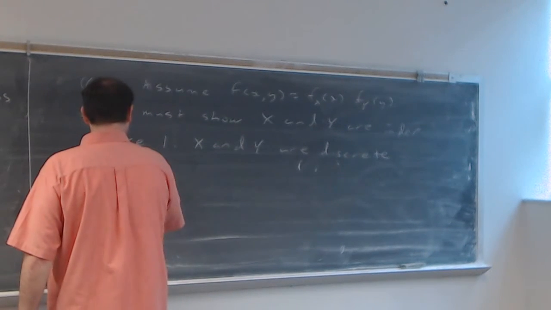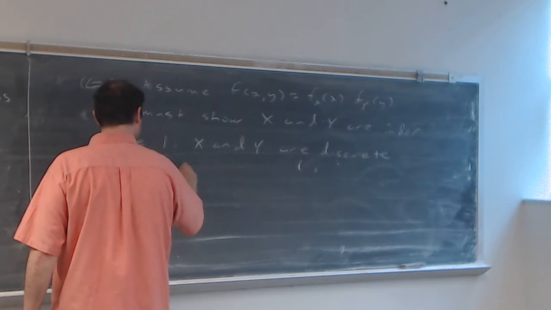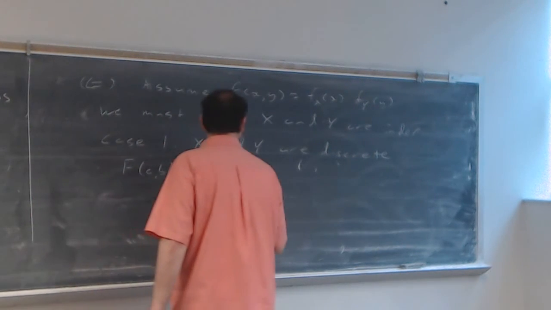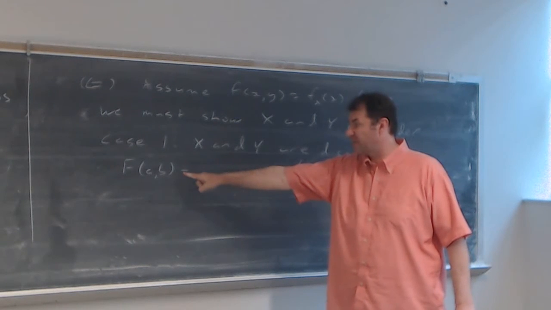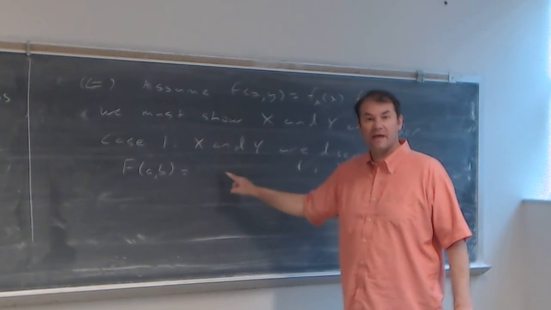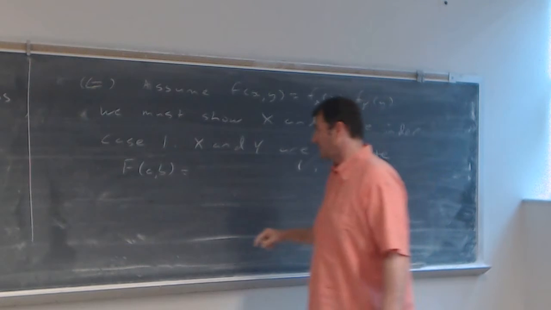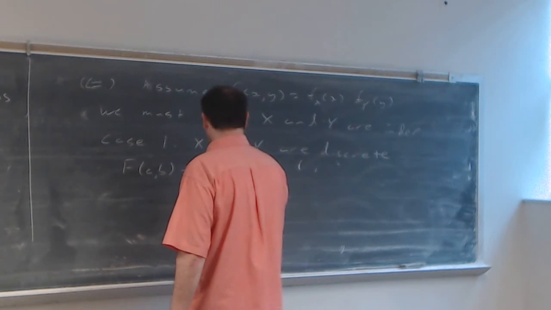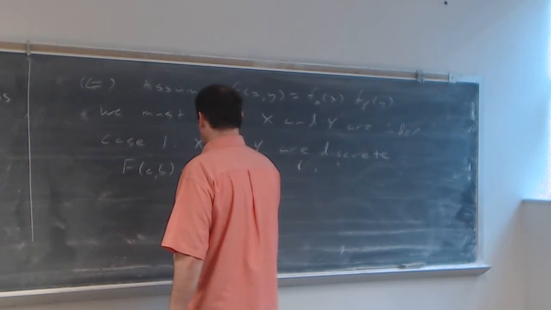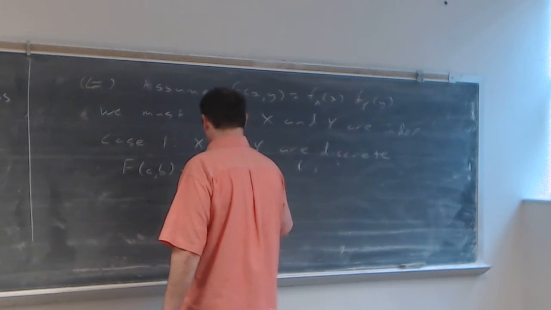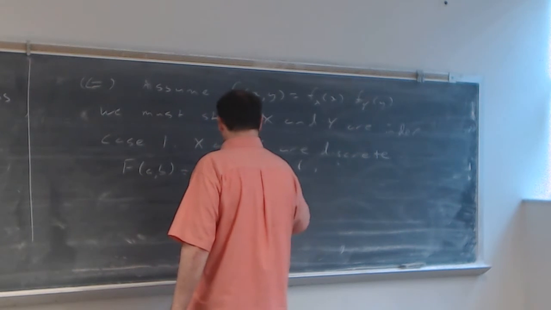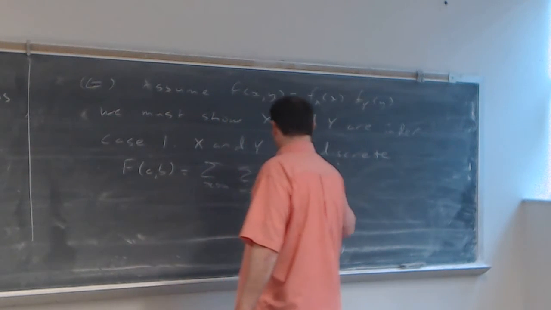Okay, so in this case, to show independence, what we're going to show is that F of A, B is equal to F sub x of A times F sub y of B. This is equal to, since we're discrete, the sum over x's less than or equal to A, the sum over y's less than or equal to B, of f of x, y.